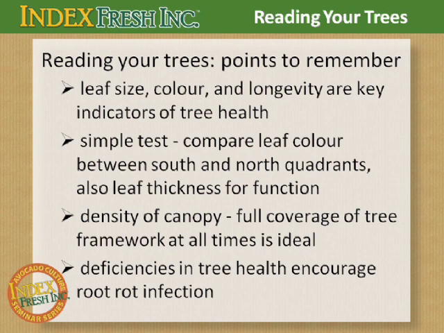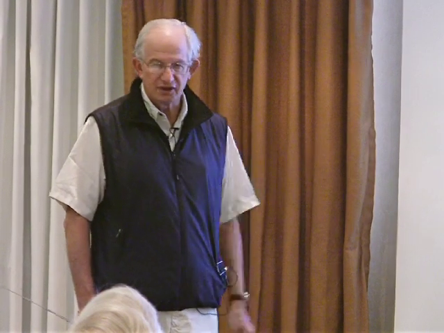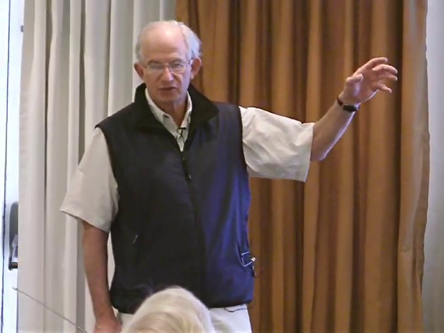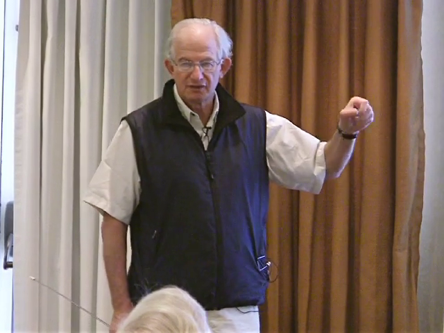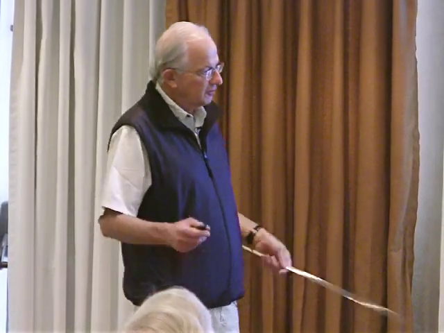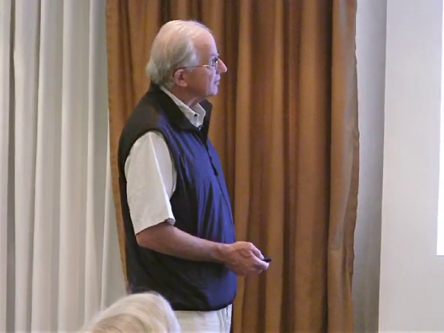And finally, when you have deficiencies in tree health, you encourage root rot infection, because in root rot infection there is a process called chemotaxis. Chemotaxis means that when trees are unhealthy, the roots release an exudate and the zoospores are attracted to the exudate and attack the roots. And that process is called chemotaxis.